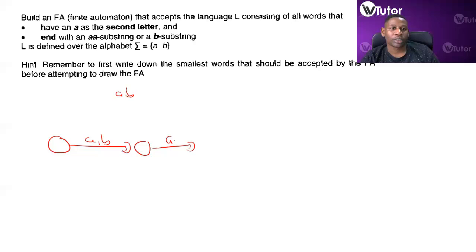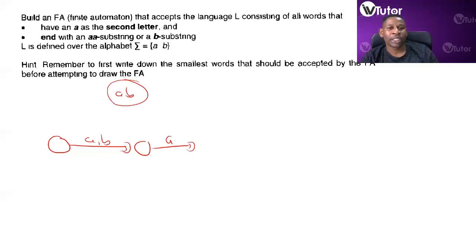Then it ends with an AA or a B substring. So AB is accepted. So that will be the shortest.